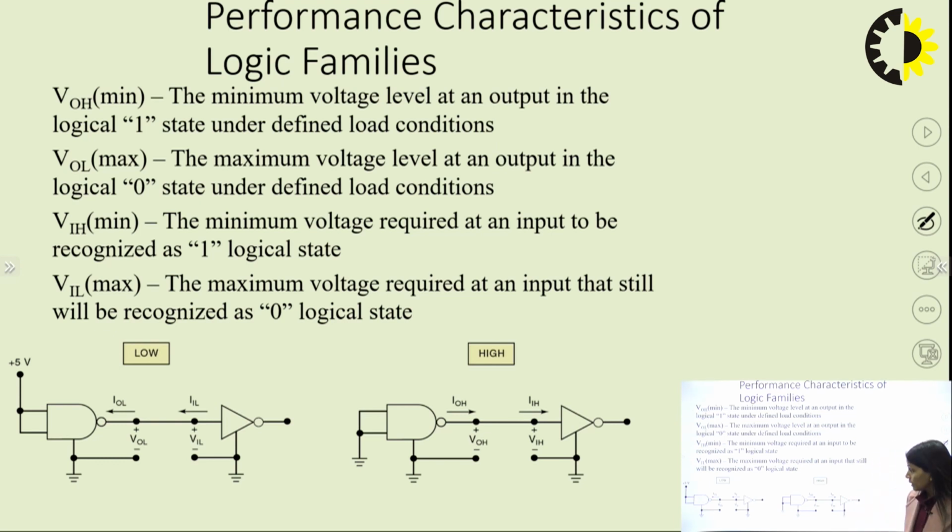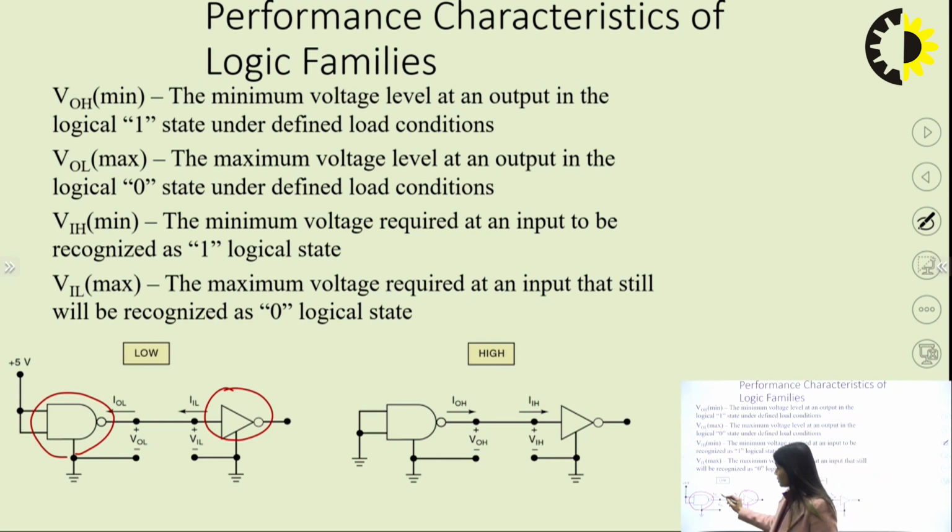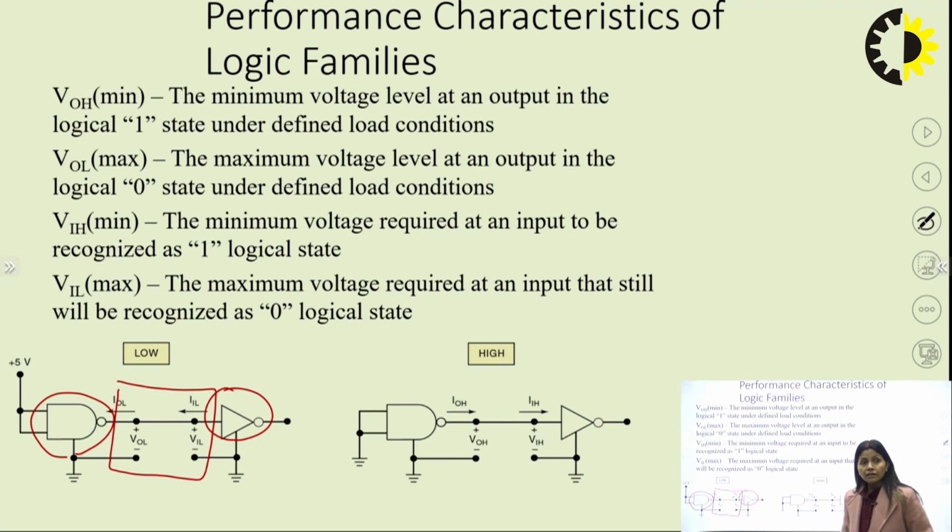As an example, if I take this gate and this gate, I want to talk about the state, or the current and voltage, between the two gates. If I am well aware of the current and voltage levels between the two gates, then I can assess the performance of my given logic family.